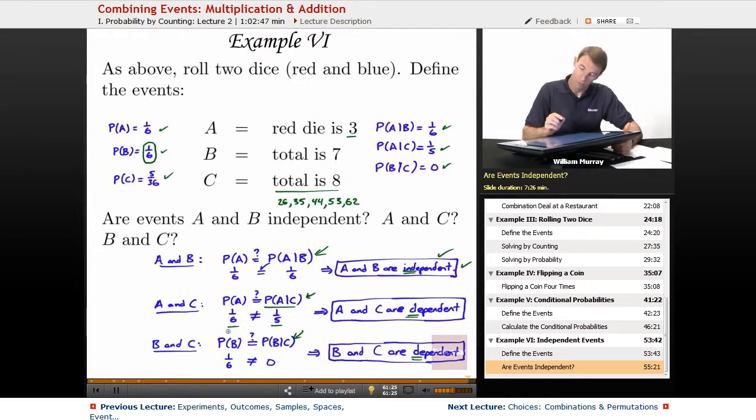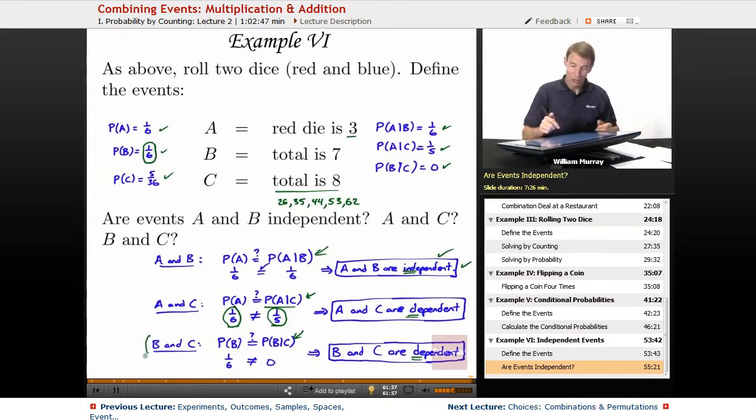Actually, that means I've told you that the total is 8. That means that the red die cannot be 1, which makes it slightly more likely for it to be 3. That's why we get a 1/5 over here and a 1/6 over there. I'm giving you a little bit of information when I tell you that the total is 8. I'm really telling you that the red die can't be 1, which makes it slightly more likely for it to be 3.